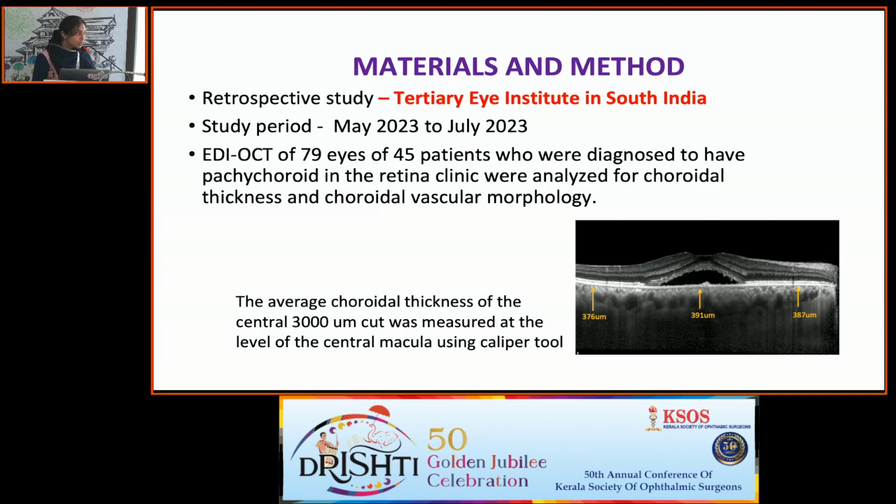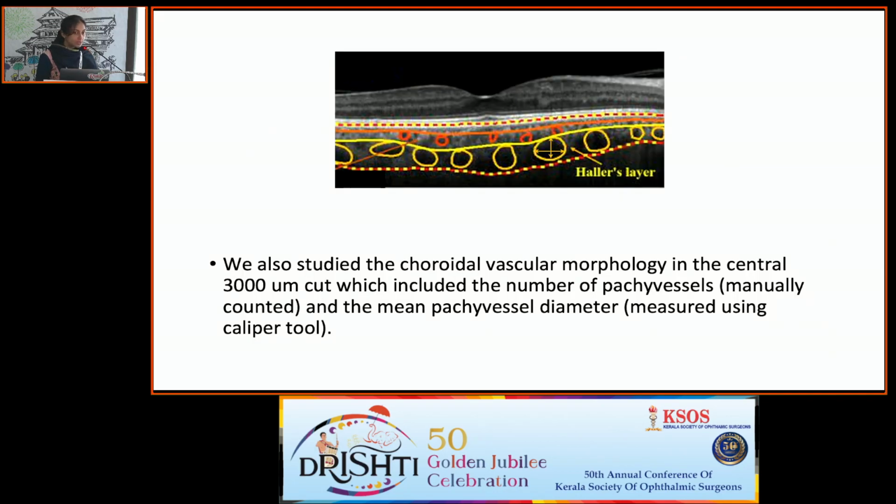The choroidal thickness was measured in the central 3000 micrometer section using the calipers tool, taking the average of 3 points at the level of the central macula. In the same section, we studied the choroidal vascular morphology, including the number of pachyvessels, which were manually counted, as well as the mean pachyvessel diameter, also measured using the calipers tool.